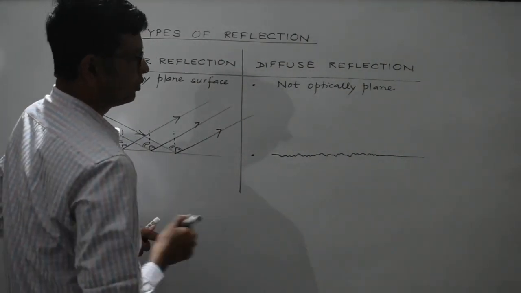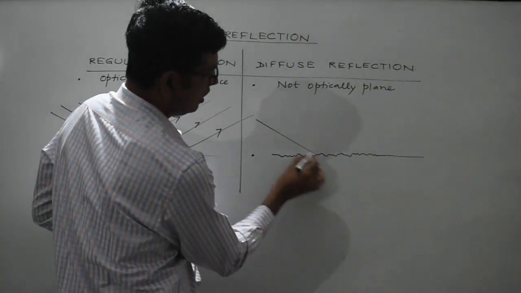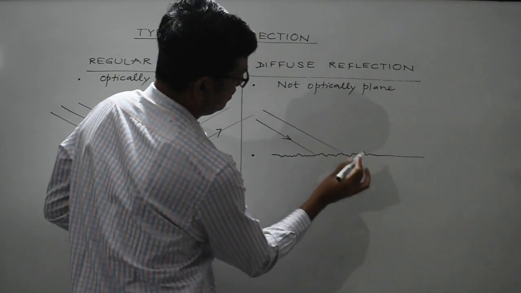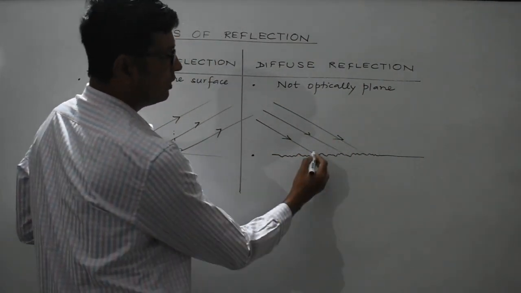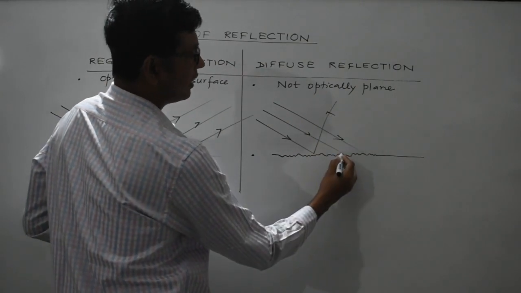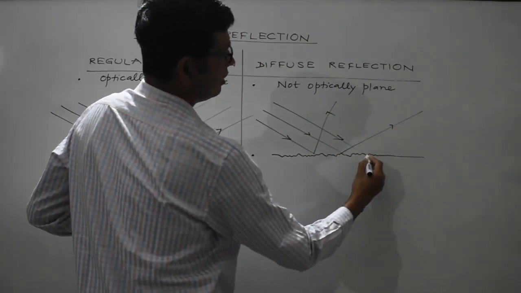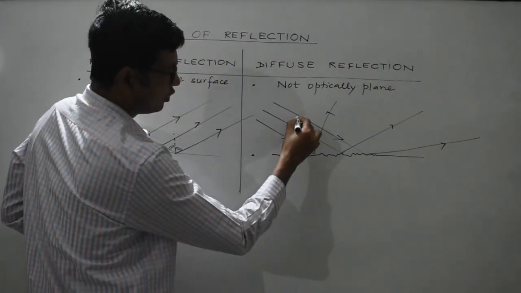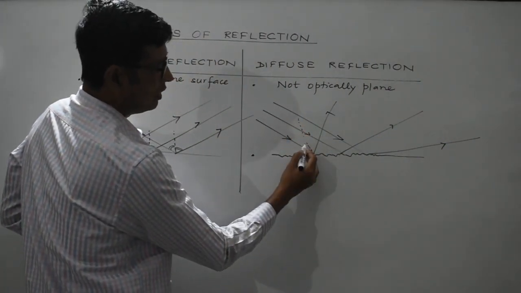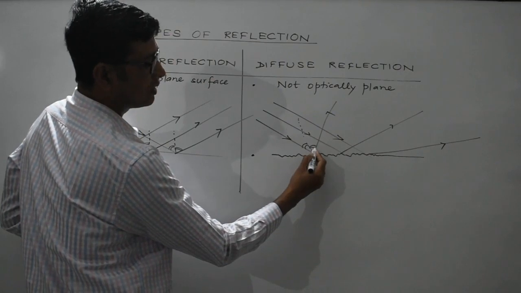Now here, suppose a parallel beam of light is incident. Here what happens is the light will get reflected in virtually every direction. Suppose you draw a normal over here. This angle would obviously be equal to this angle.